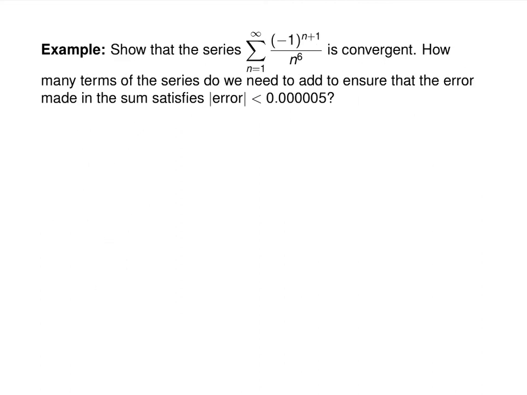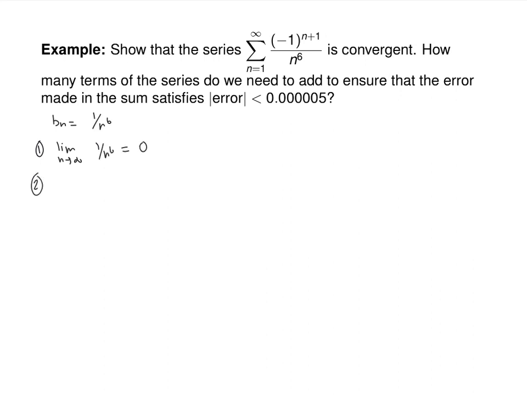All right, show that this series is convergent. And then how many terms do you need to have the error less than a really small number? And it turns out that it's actually not very many. So let's let Bn equal 1 over n to the 6th. So first thing is that the limit as n goes to infinity of 1 over n to the 6th, that's obviously 0.